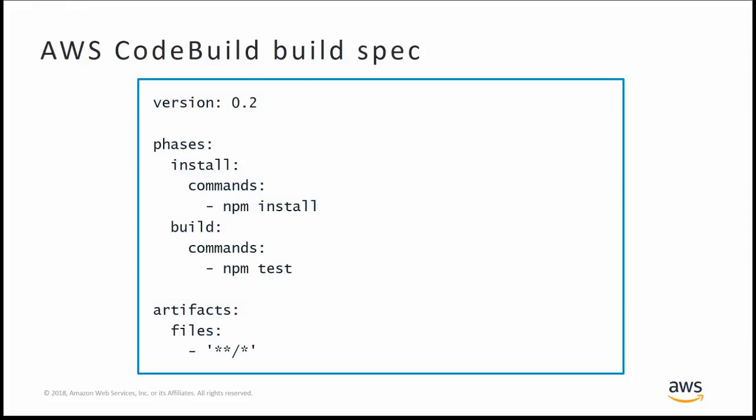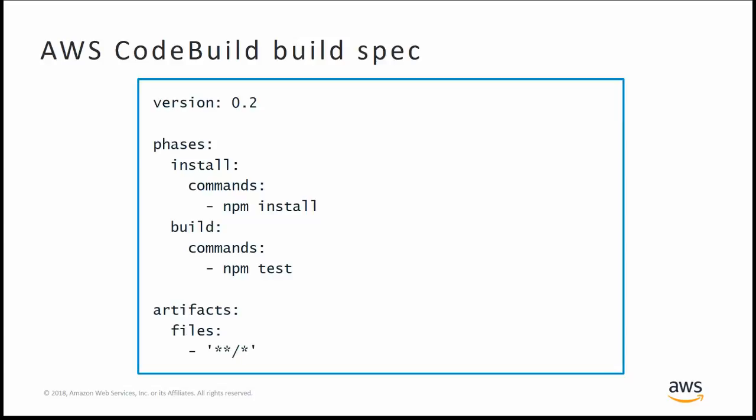This is a sample build spec. So I mentioned the build specification before. This is where you specify just the commands to run to build and test your code. So there's a couple of different sections here. First, the phases section, you'll see the install and build. Code Build has a set of phases that you can specify: install, pre-build, build, and post-build.